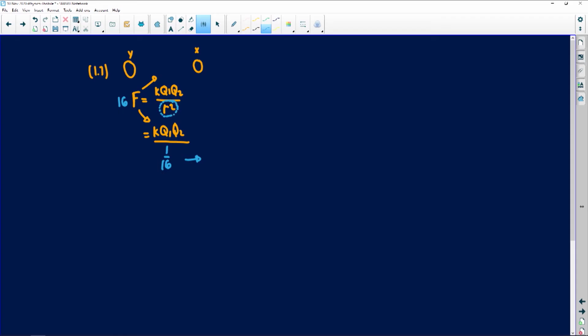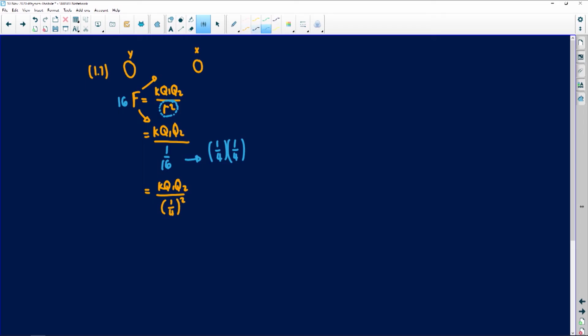So now you go back to grade 9. What times what will give me 16? Now I know that 1 over 4 times 1 over 4 will give me 1 over 16. Numerator times numerator gives me 1. Denominator times denominator gives me 16. This means I'm going to have k Q1 Q2 all over (1 over 4) squared.